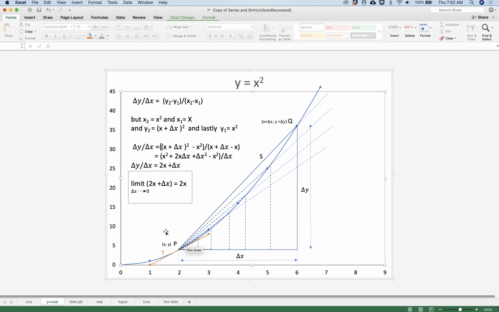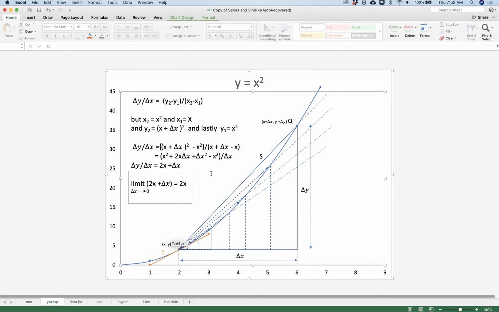So we're interested in the limit of the change in y over the change in x, because here we can see visually that we're getting closer and closer to the actual tangent line. And when we take that limit as it goes to 0, we're actually calculating the tangent line, which is also what we call the derivative.